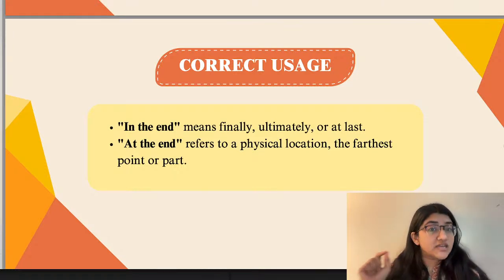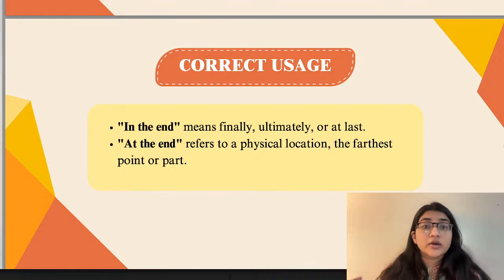She worked hard, but in the end she didn't get the promotion. That means eventually, ultimately, finally, at last, she did not get the promotion. But if you are saying that the hotel room was located at the end of the hall, that means the hotel room was precisely located at the end of the hallway, the corridor, or the lobby.